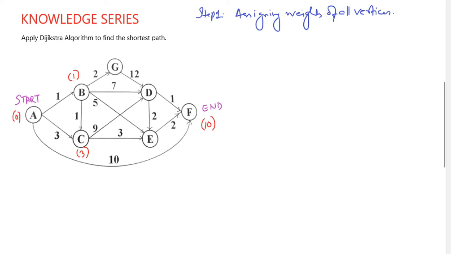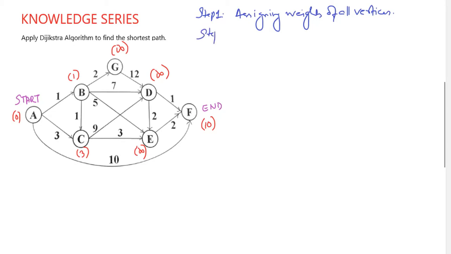A to C is a direct path, A to B is a direct path, and we find that only 3 nodes have a direct path and the rest are infinite. So we are assigning all the remaining paths as infinite. So let me put this one also as infinite. So we go to the next step.